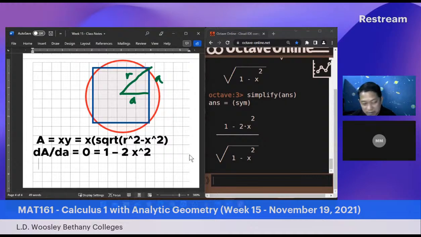What's the x value? What's x? X is what, Micaela? Answer sa 1 minus 2x squared is equal to 0.